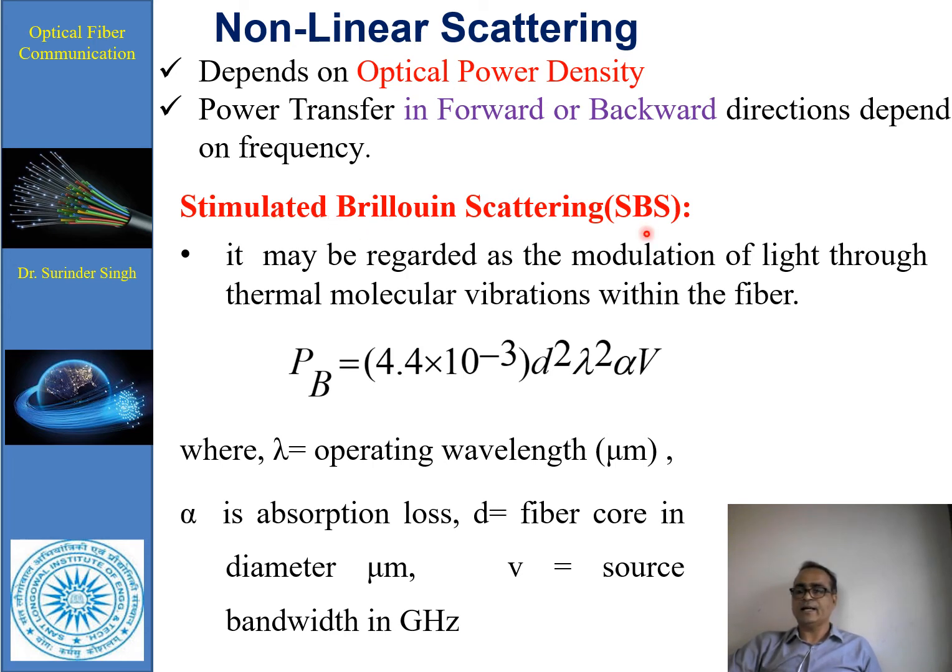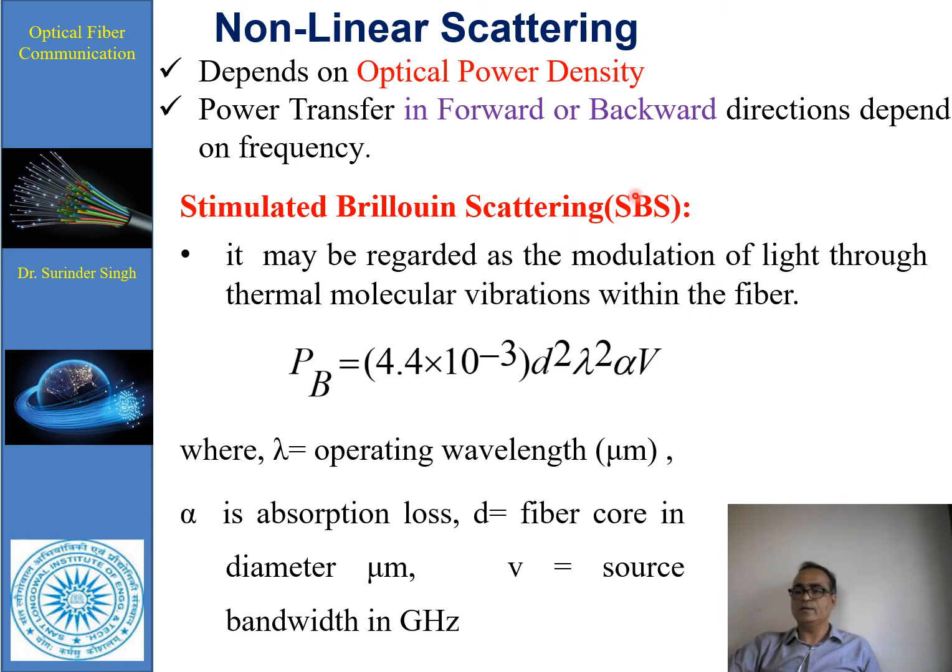This is modulation of light through thermal molecular vibration within the fiber, and scattering appears as upper and lower sidebands, which are separated from the applied incident light modulation.